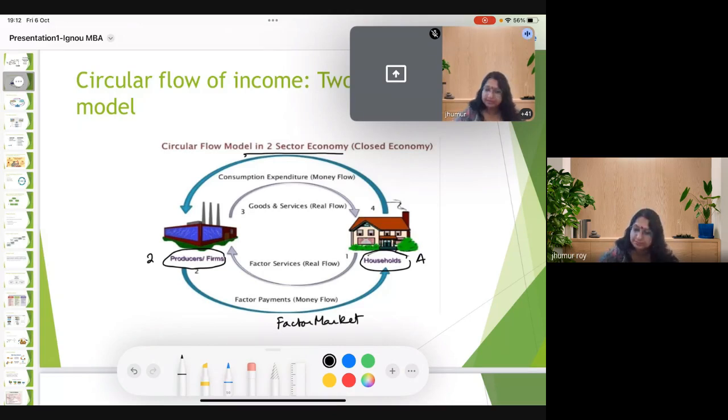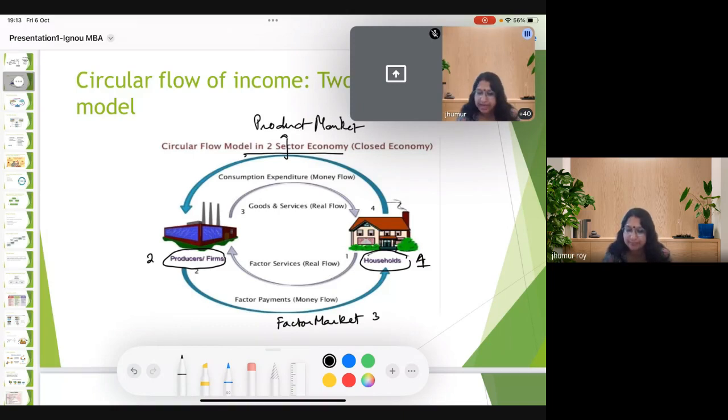Okay, this is part 3. And on the other side over here you have the product market. Okay, so there are 4 areas which we study when we are talking about a two-sector economy.